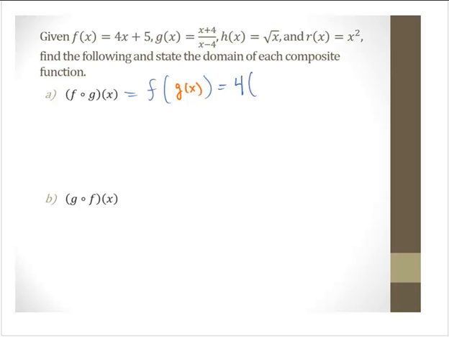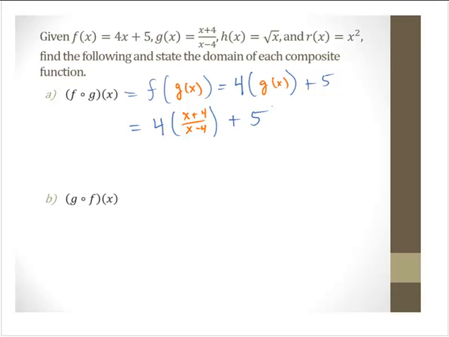So I have 4 g of x plus 5. Now g of x is x plus 4 over x minus 4. Still plus 5.